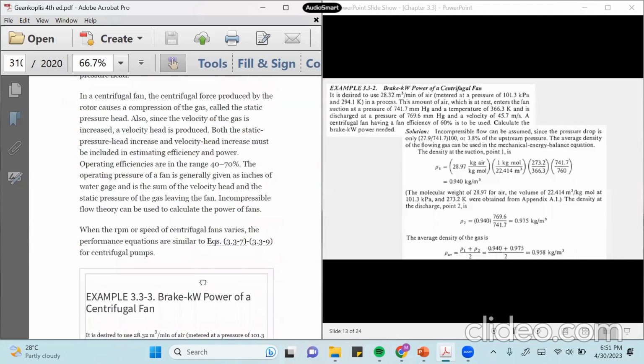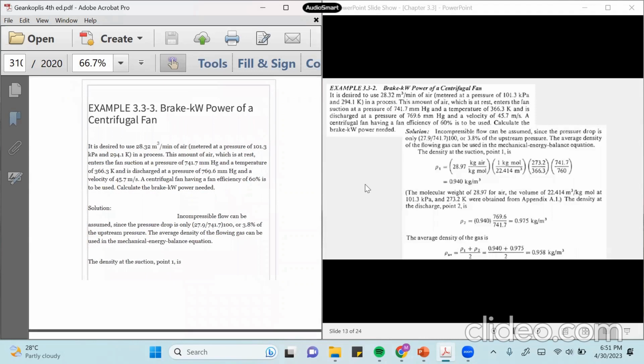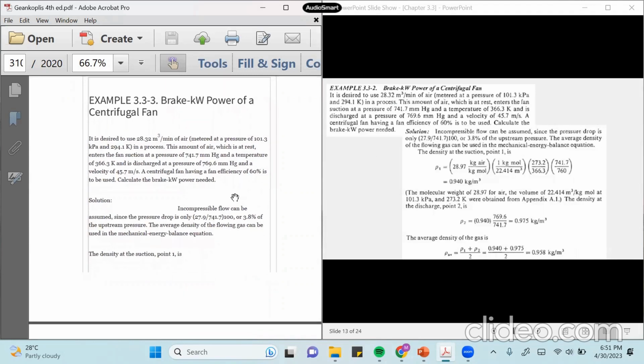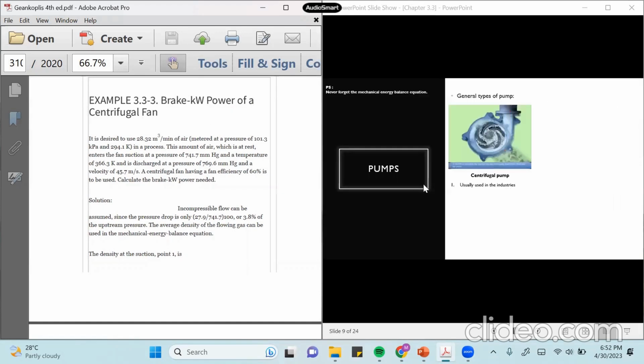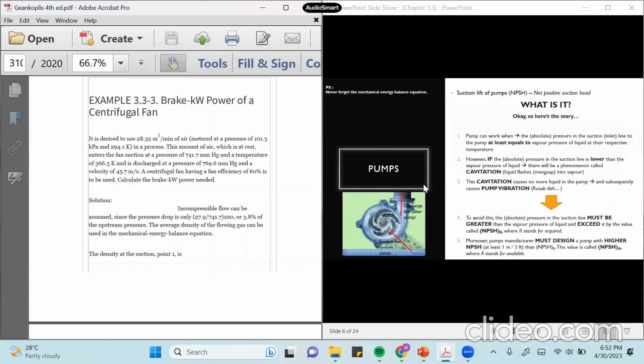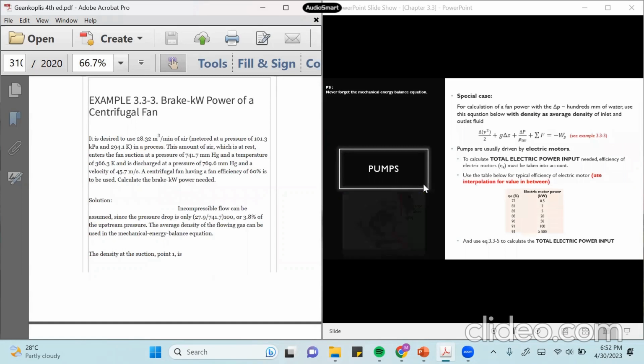Okay, so I will go to example 3, the brake power of a centrifugal fan. We can see from example 3.3 that for this special case, it is desired to use this volumetric flow rate of air in a process.